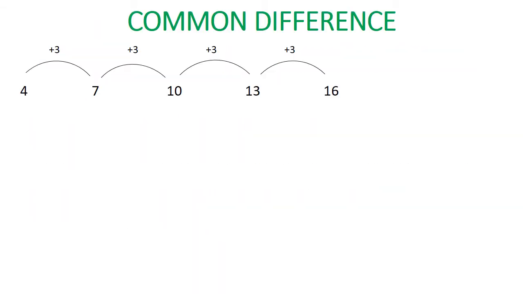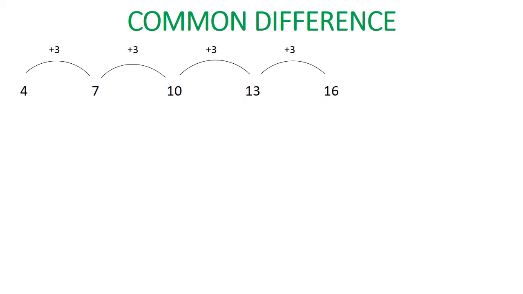Let's take another example and try to understand this. Look at this sequence. 4, we add 3 to get 7. 7 plus 3 is 10, 10 plus 3 is 13, and 13 plus 3 is 16. So the number that we are adding is always the same. Conversely, 16 minus 13 is 3, 13 minus 10 is 3, 10 minus 7 is 3, 7 minus 4 is 3.